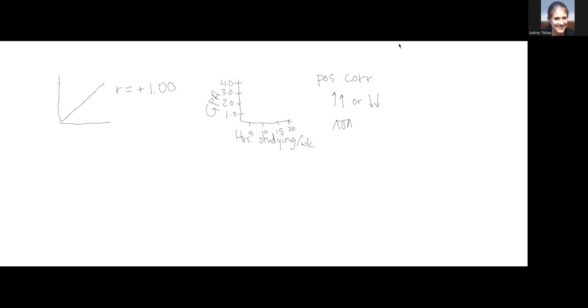So say I send out a survey and I ask students, hey, about how many hours do you spend a week studying and what is your GPA? And I get data back, say, this little data point that's going to represent somebody who's studying about 18 hours a day and has a 3.9 GPA. I get somebody else, they're studying 10 hours a week and they have a 3.5 GPA. And then I kind of just get people all over the place, all these little data points.